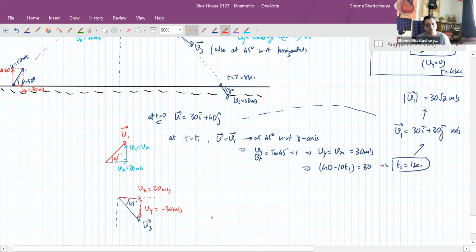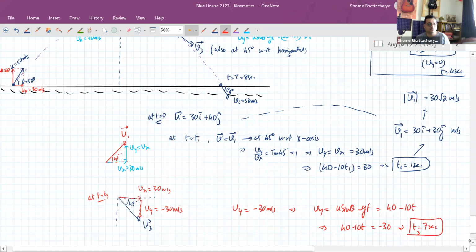So you can understand it that way. This is at t equal to t3, so Vy should become minus 30 meters per second. Vy is basically u sin theta minus gt, or it is 40 minus 10t. So that should be equal to minus 30. So you can see that the time should be equal to 7 seconds.